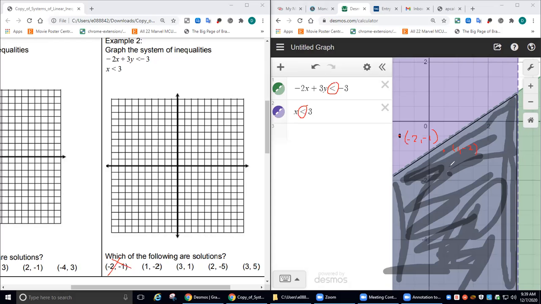Because why? It's in the region. It's a safe thing to see. I'm in the shaded area. Perfect. I'm not even on the line. I'm just in the shaded area. That's an easy sign. Right. Next one, (3, 1). 1, 2, 3, 1. Well, it's just like this one. It's outside the shaded region. So obviously not a solution, right?